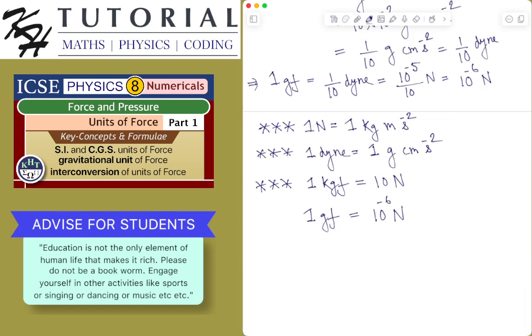You might forget this, but you can always derive this from 1 kgf is equal to 10 Newton. These are very, very important concepts or formula results.